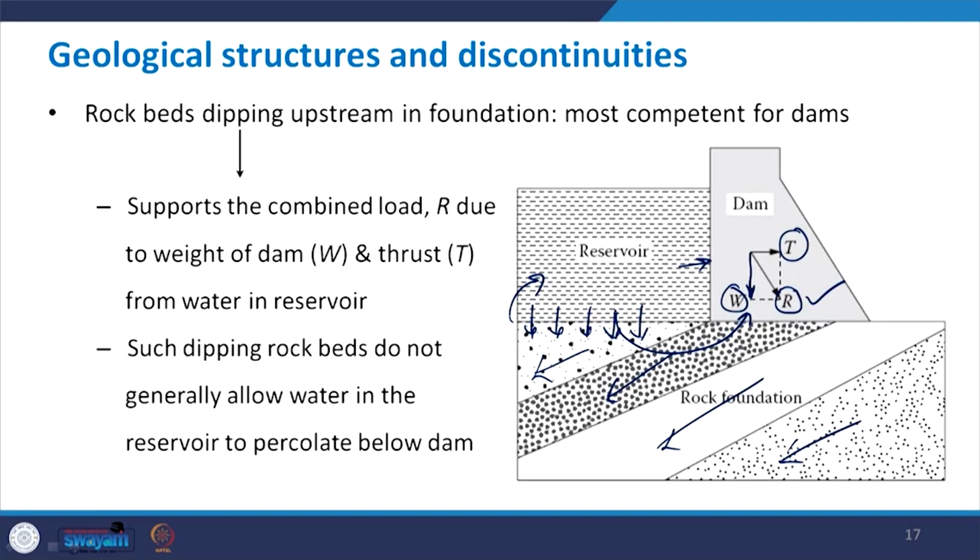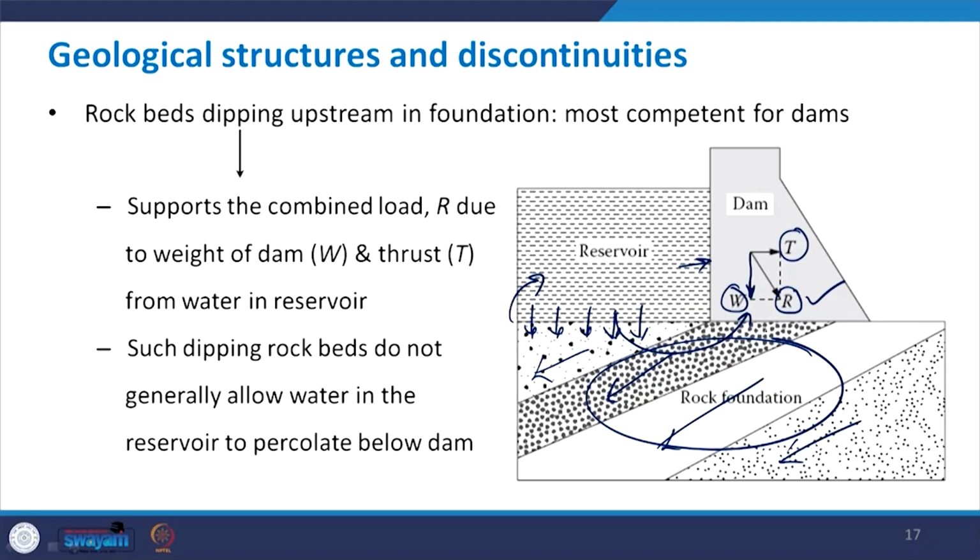Thus, the reservoir will not lose much water due to seepage through the dam foundation. At the same time, the foundation will remain watertight and the dam is not subjected to any appreciable amount of uplift pressure.